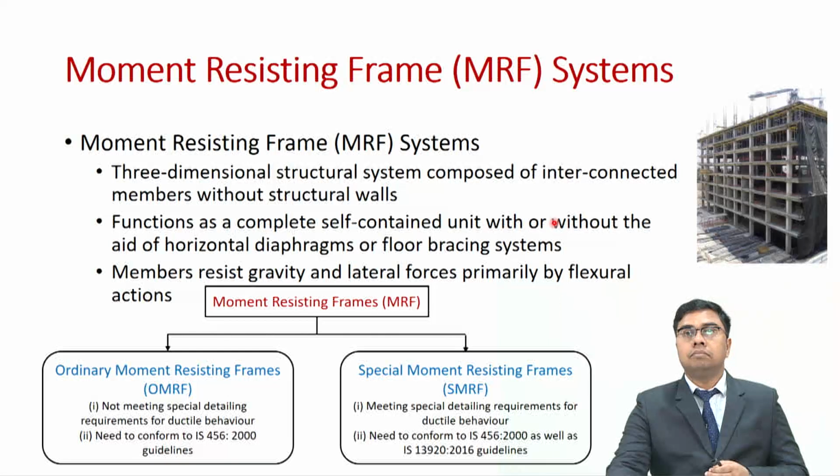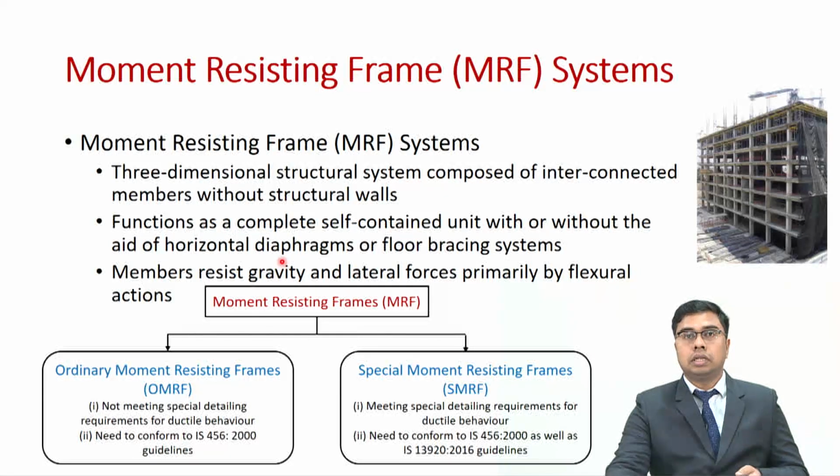Moment resisting frame systems, as the name signifies, comprise a three-dimensional structural system which is composed of interconnected members without structural walls, and in this case it functions as a complete self-contained unit with or without the aid of horizontal diaphragm or floor bracing system. What are horizontal diaphragms? Horizontal diaphragms are nothing but your slabs.